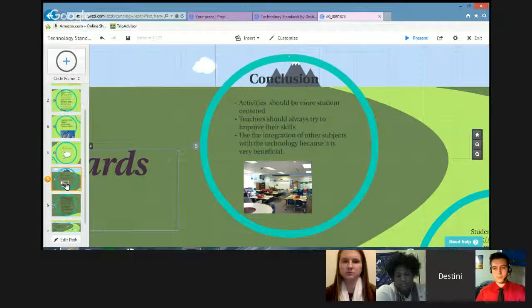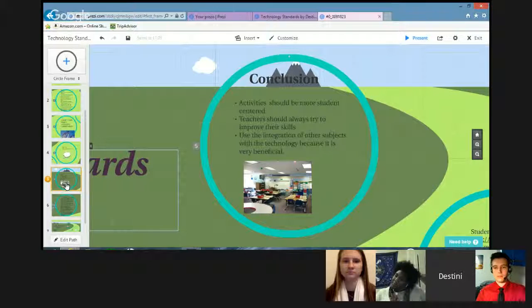For the second bullet, teachers should always try to improve their skills. With the way our society is now, technology is always going to improve. And so as a teacher, you shouldn't be comfortable with knowing just one set of skills. With the technology, you should always try to keep up with everything that's going on.